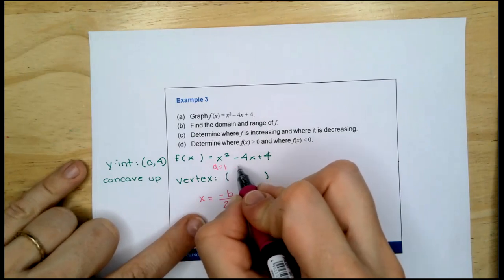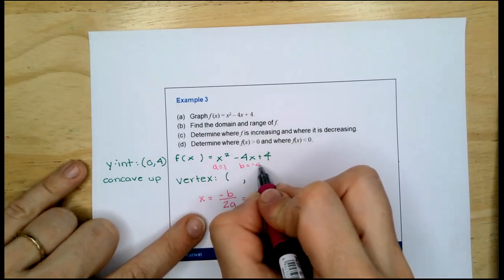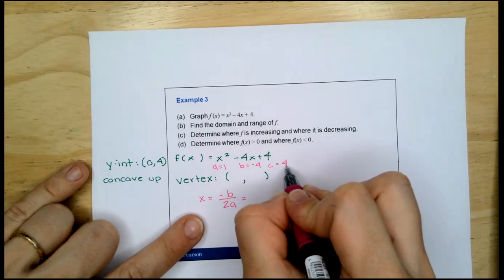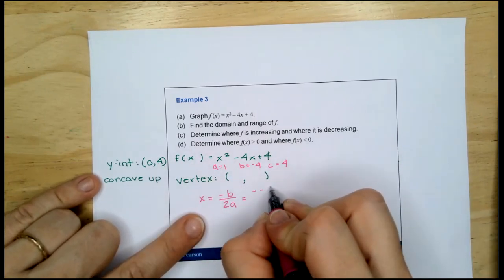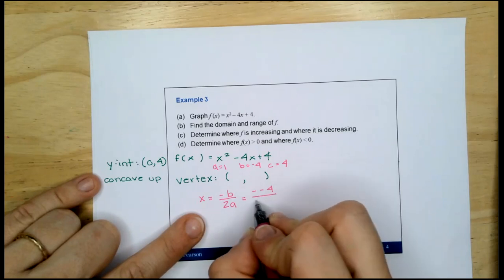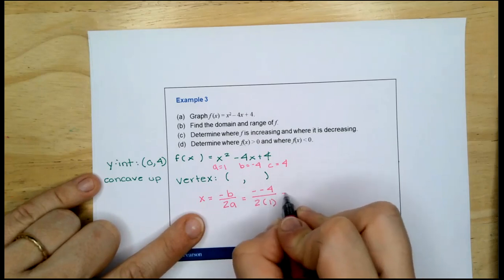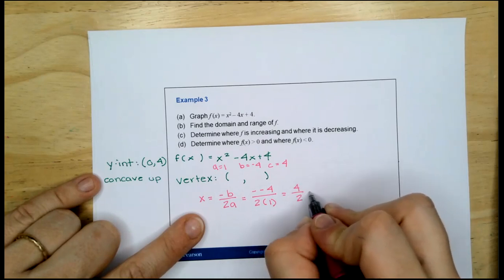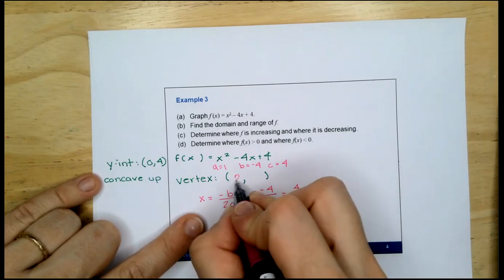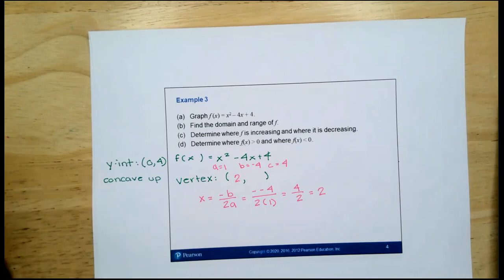A is 1, b is negative 4, c is 4, like there, okay? Negative b is a negative negative 4. 2 times a is 1. Good. Negative negative 4 is a positive 4. 4 over 2 is 2. So my x value of my vertex is 2.